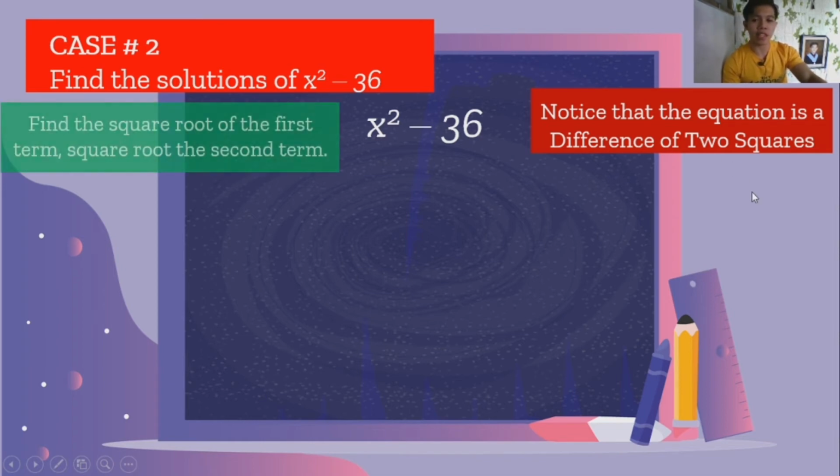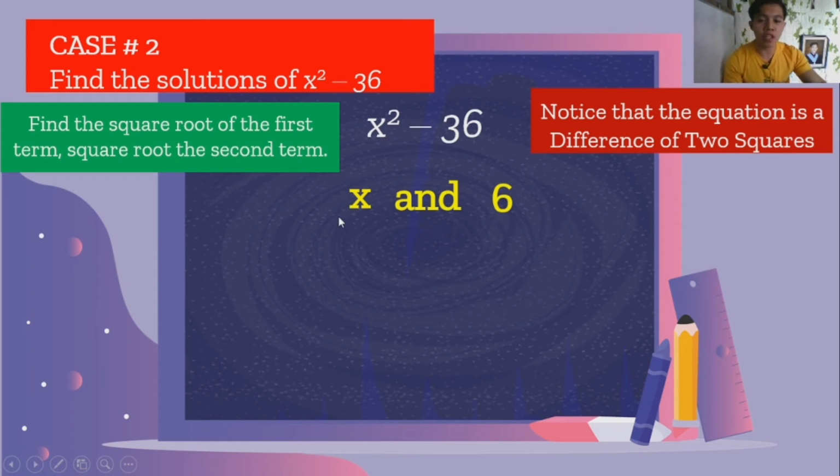So, anong gagawin natin dyan? Find the square root of the first term. Square root of the second term, no? So, hiwalay natin silang isosolve. Square root ng x squared. That is x. Okay? Square root ng 36. That is 6, no? So, we have x and 6.